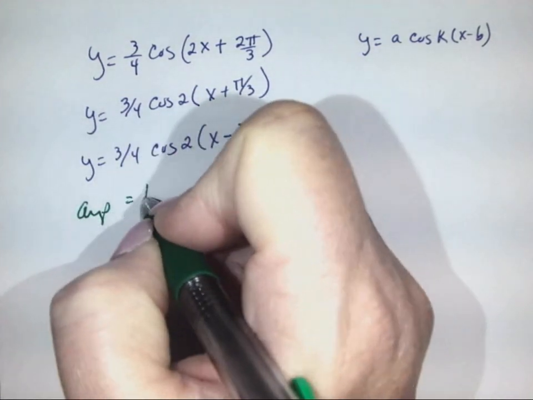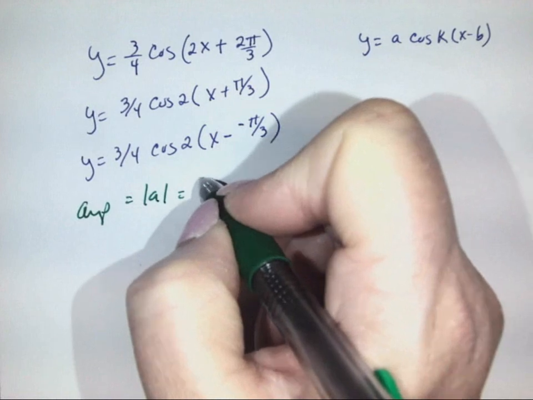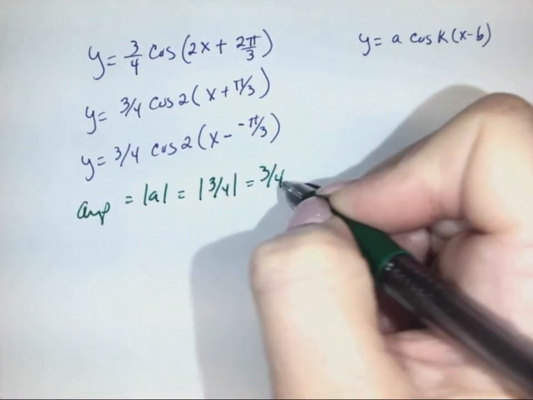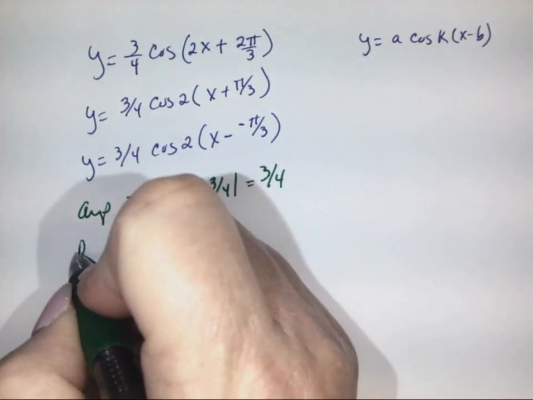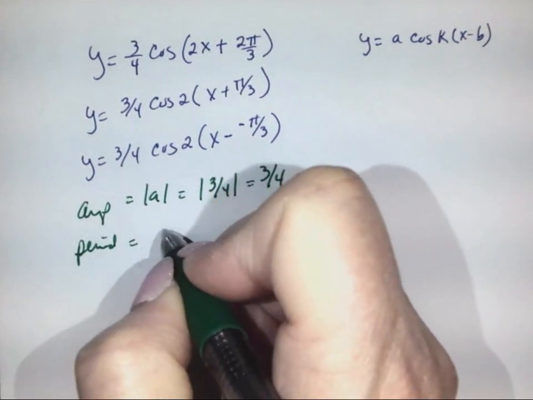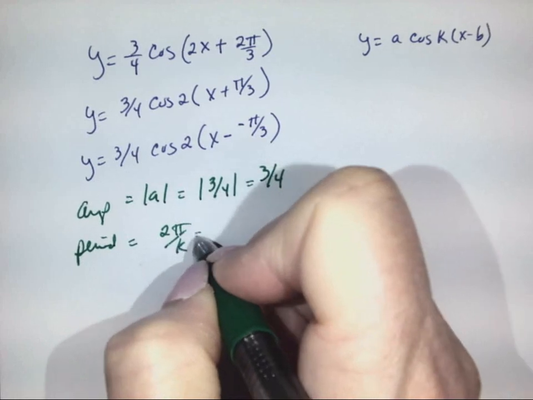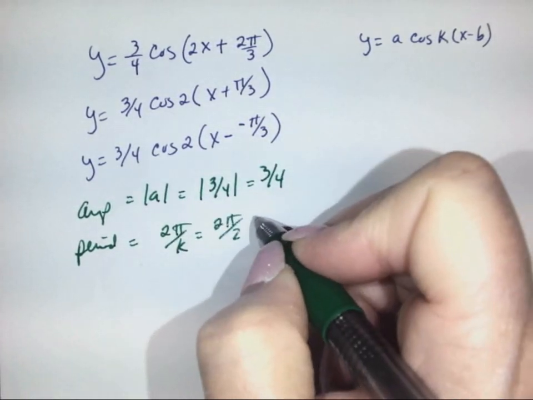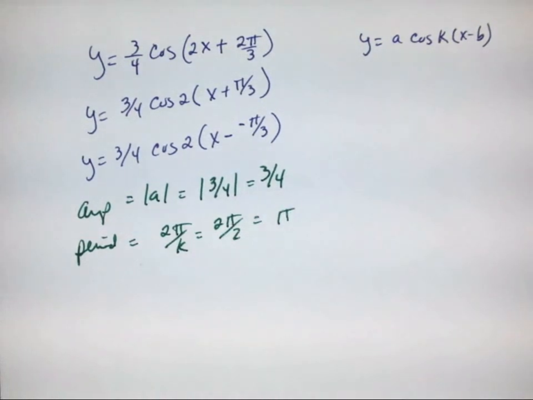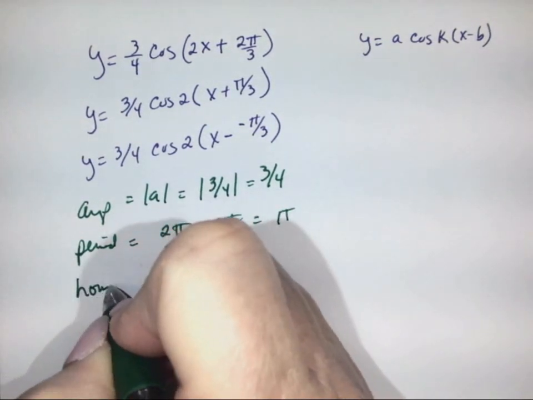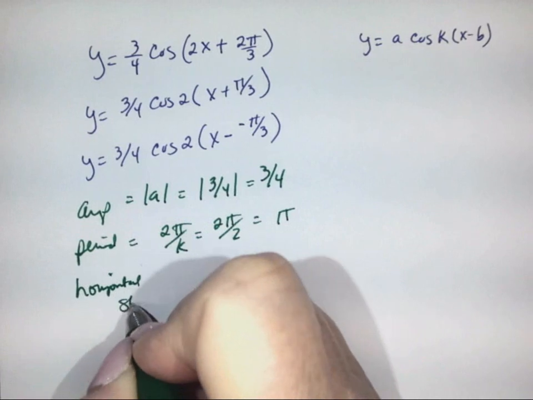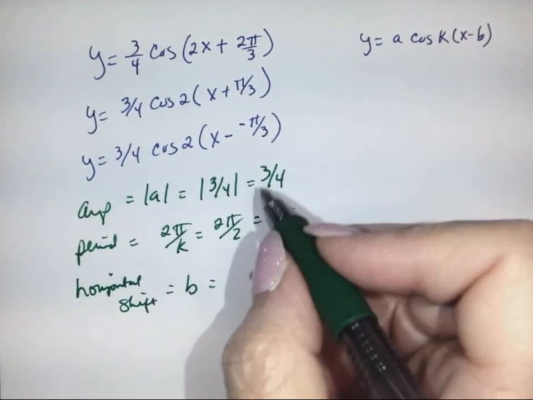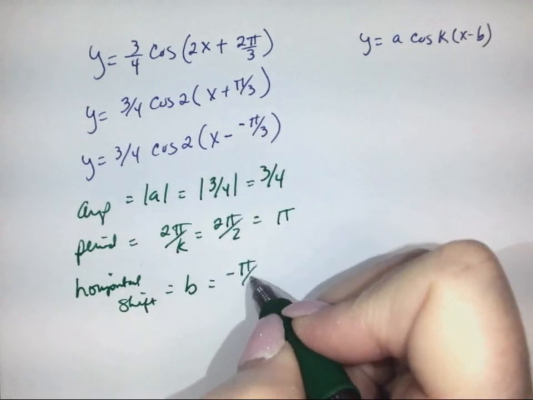And my amplitude will be the absolute value of a, which is the absolute value of 3/4, which will be equal to 3/4. Our period is equal to 2 pi over k. Our k is equal to 2, so 2 pi over 2, which will be pi. And our horizontal shift is equal to b, and our b is negative pi over 3.